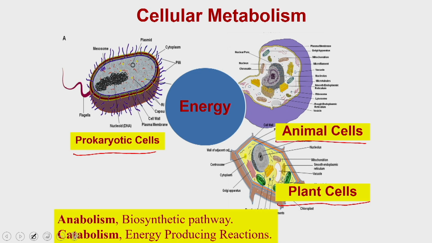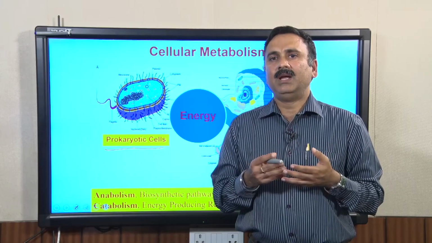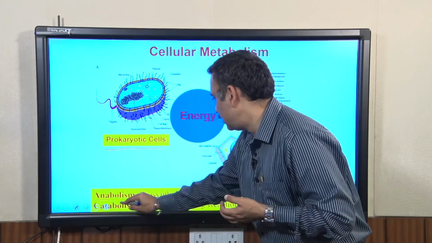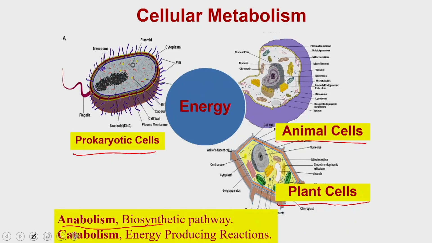There are two different types of metabolic reactions happening in host cells: anabolic reactions and catabolic reactions. Anabolic reactions, as the name suggests, are the biosynthetic pathways.